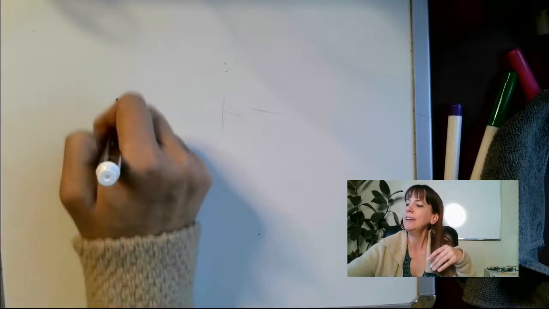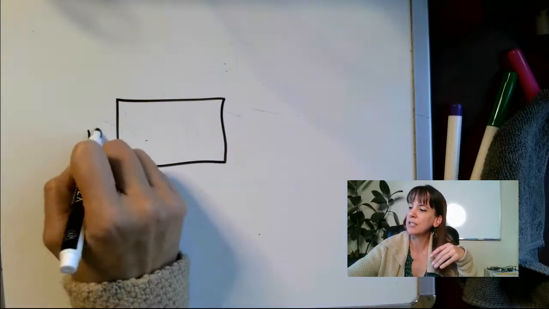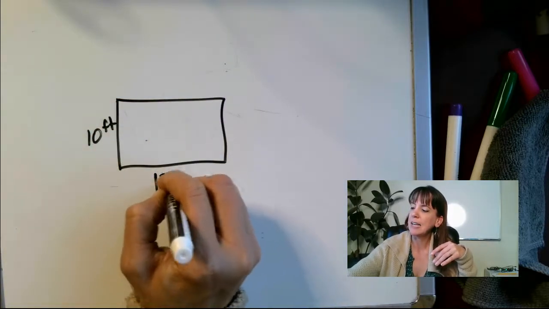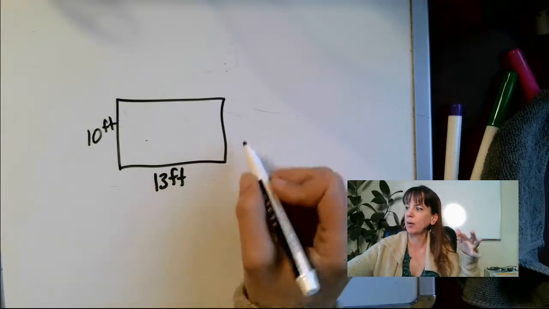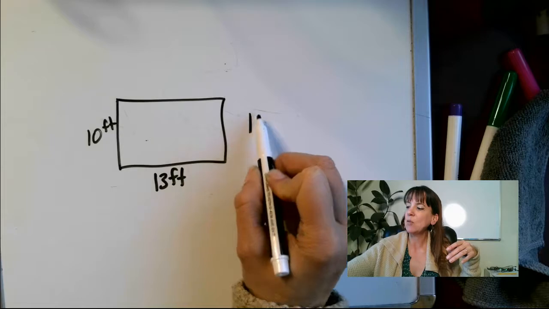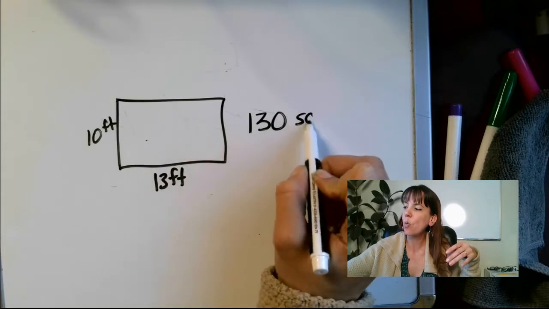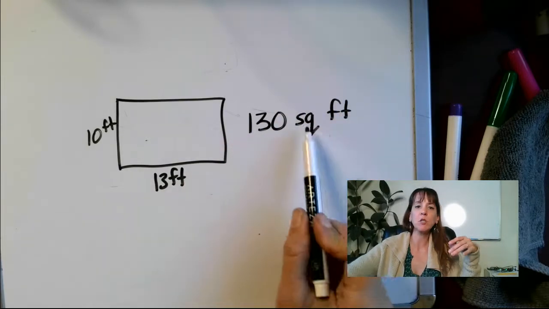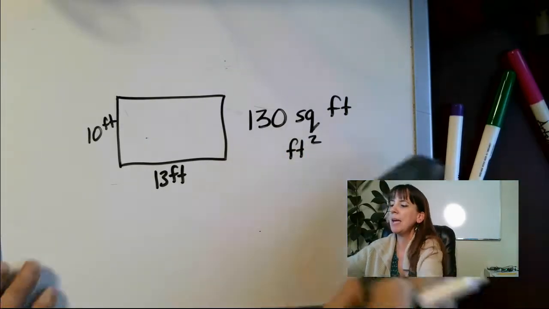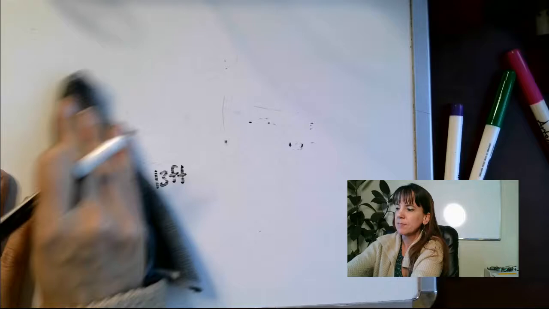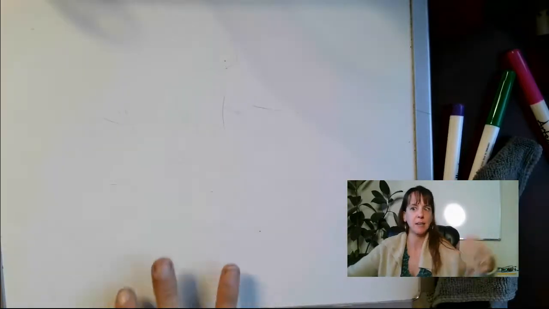That's 10 feet one direction, 13 in the other. And I need hardwood floor for it, right? I go to Lowe's or Home Depot or Ace or whatever, and I say, hey, I need 130 square feet of flooring. So square feet is the same thing as feet squared, okay? And then they can help me from there. That was because I multiplied that 10 times that 13.